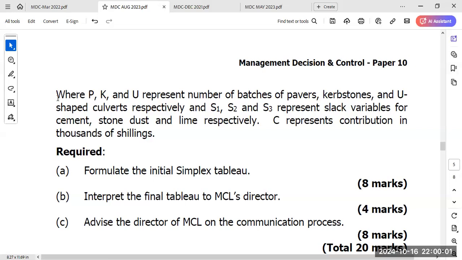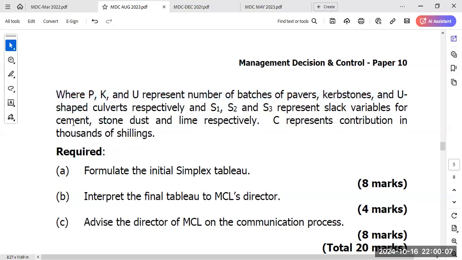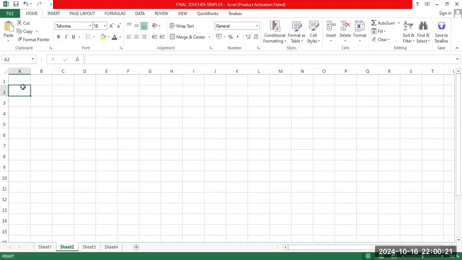There is no difference between this question and the question we have discussed. So here they have defined the decision variables. In the next questions, you will find that the decision variables are not defined, but it is the same concept.